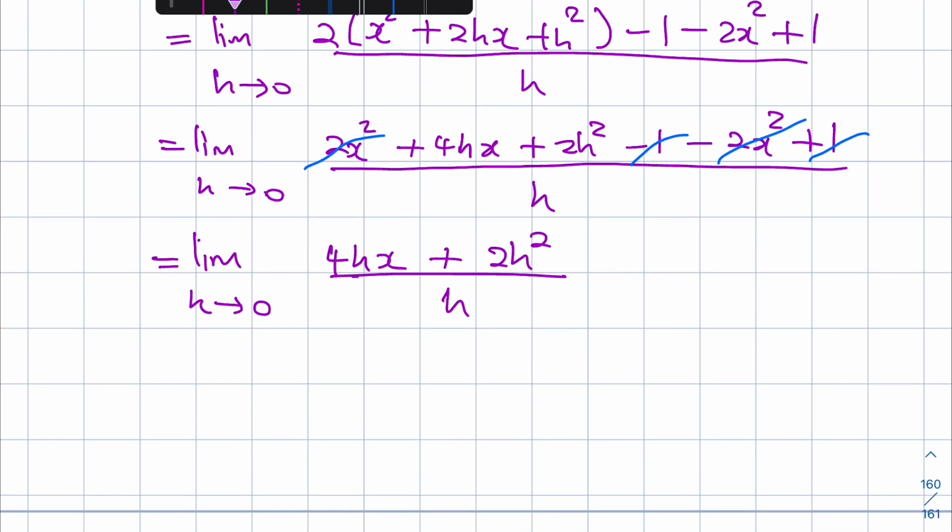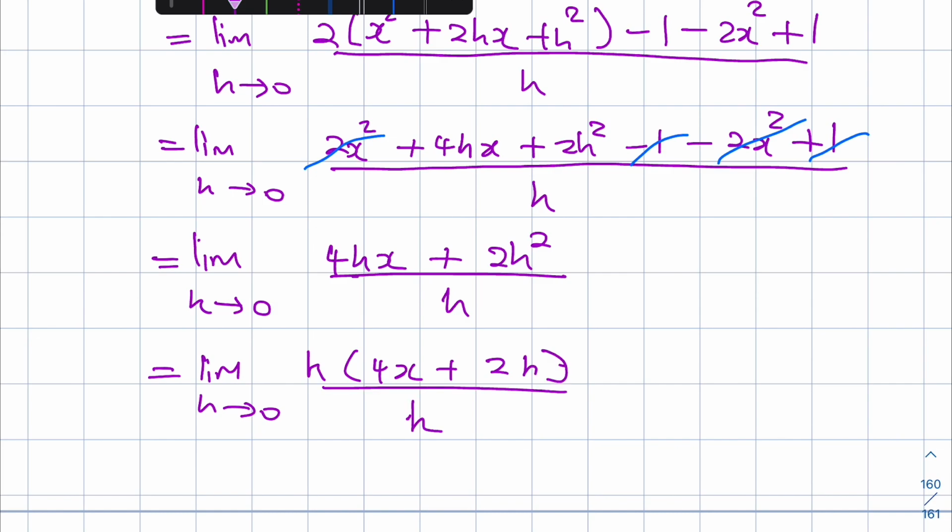Then the next step, we take out h as a common factor. We have h times (4x plus 2h), all over h. So h and h will cancel. You are left with 4x plus 2h. You make this h 0. Then the final answer is 4x.